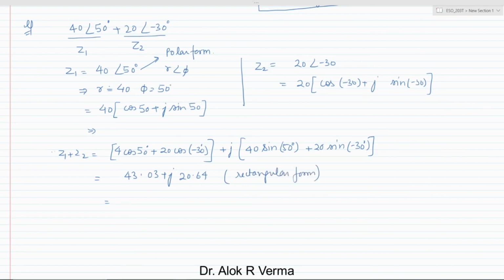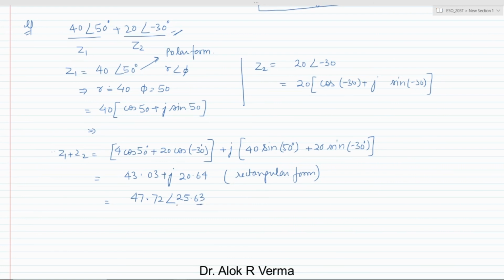The values were given in polar form, so the answer in polar form should be 47.72 with an angle of 25.63. This is the phase angle representation.